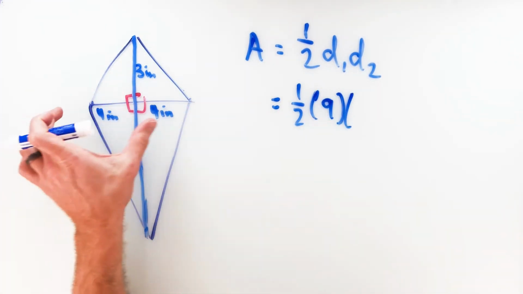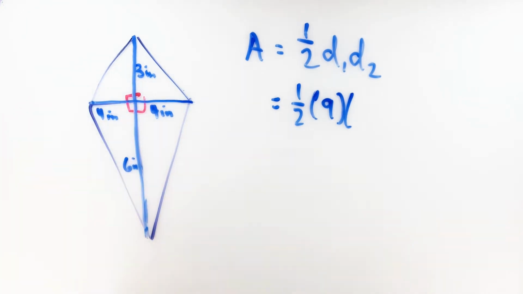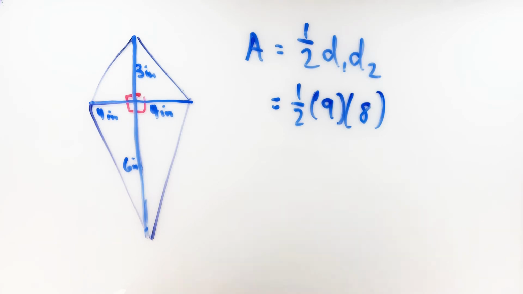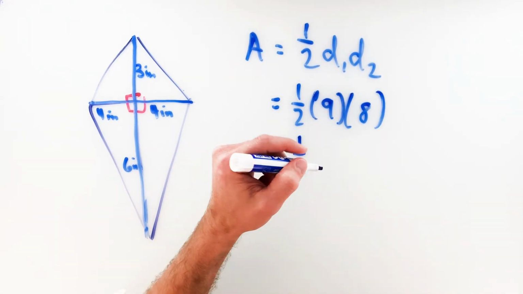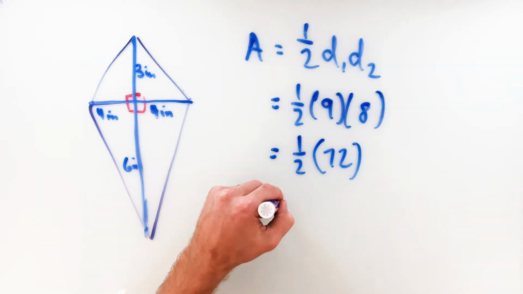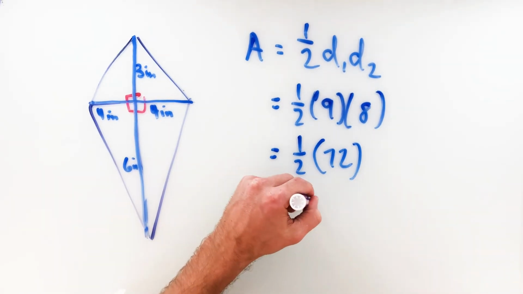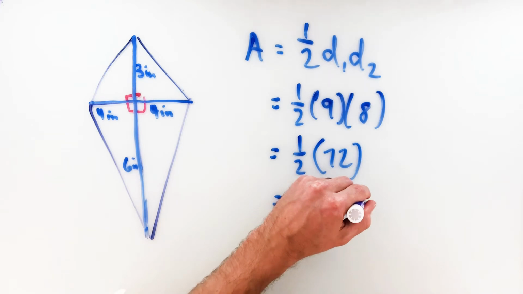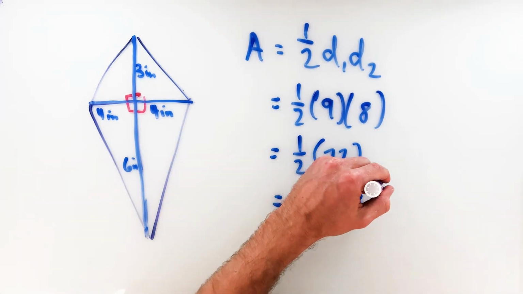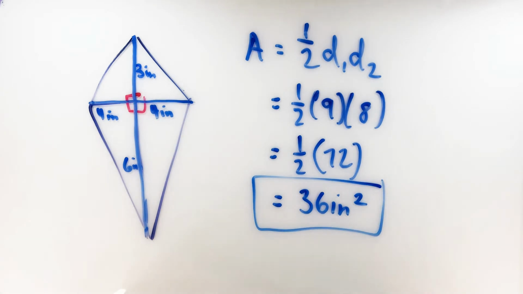Diagonal 2, the entire length of this segment, the two 4-inch segments, add those together, you get 8. 9 times 8 is 72. And half of 72 is 36. Don't forget this is an area, so we're looking at square units. In this case, we're in inches. So the area of that kite would be 36 square inches, or inches squared.